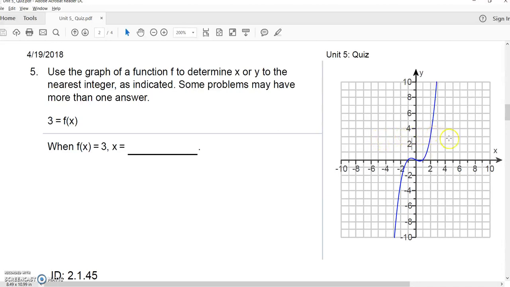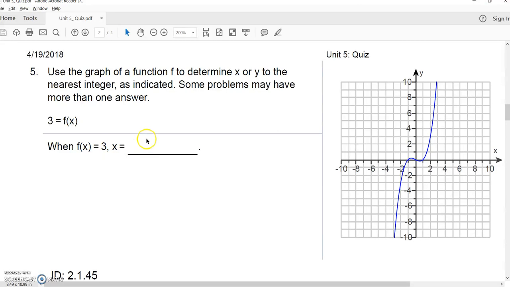So this line cuts through the graph right at this point. And what is the corresponding x value of this point? Right down here, 2. So that means when x equals 2, y equals 3. So that means f of 2 equals 3, so that means x equals 2.